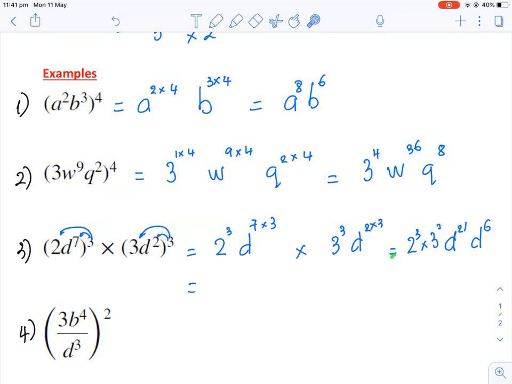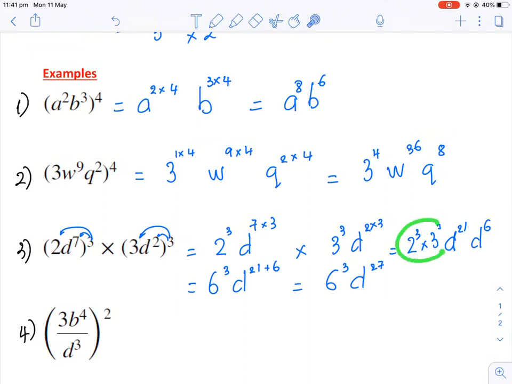This one you can use calculator. It is equal to 8 times 27, or you can write it as 6 to the power 3 D to the power of 21 plus 6 equal 6 to the power 3 D to the power of 27.